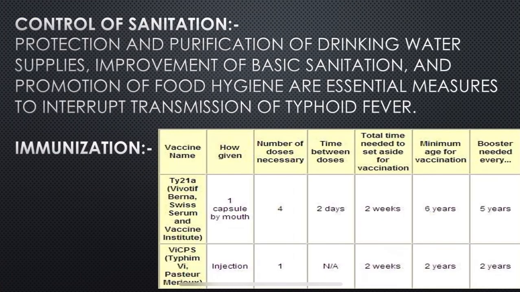Then comes the control of sanitation: protection and purification of the drinking water supplies, improvement in the basic sanitation, and the promotion of the food hygiene are the essential measures to interrupt the transmission of typhoid fever.